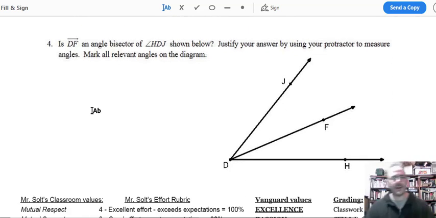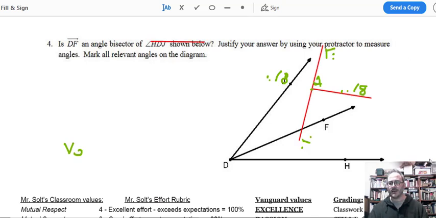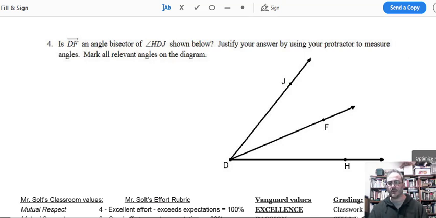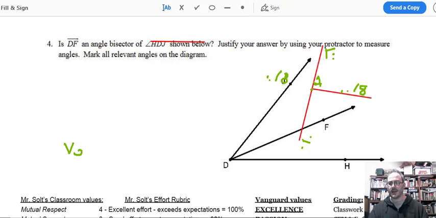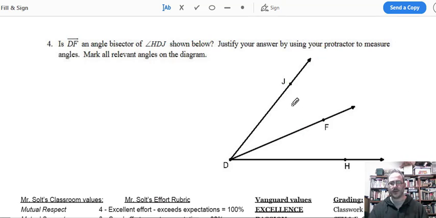All right, number 4 here. DF is an angle bisector of HDJ. As soon as it gives me this information, I'm going to make this little marking. Arc mark here, arc mark here.